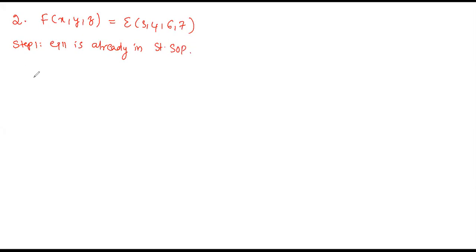Directly apply the equation to the K map. For a 3 variable K map, the format you need to remember is x, y, z, 0, 1, 0, 0.